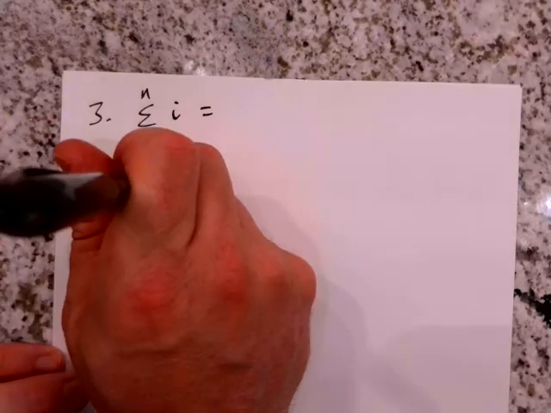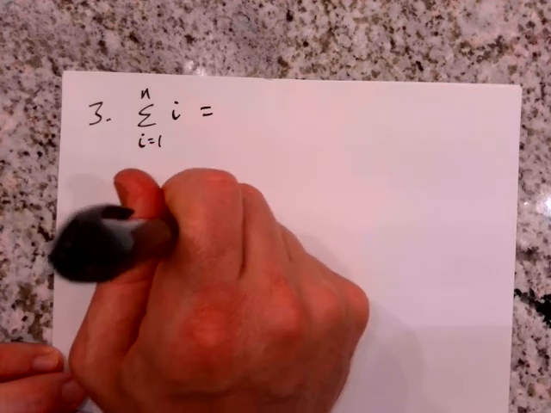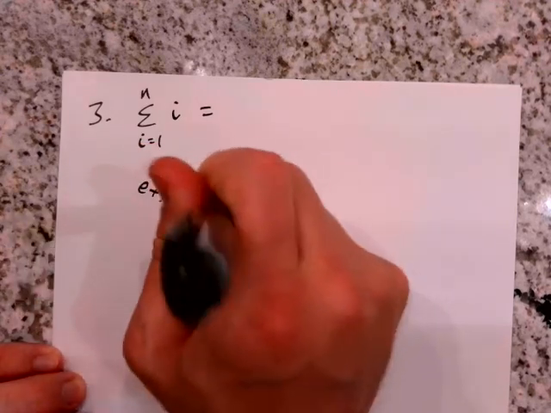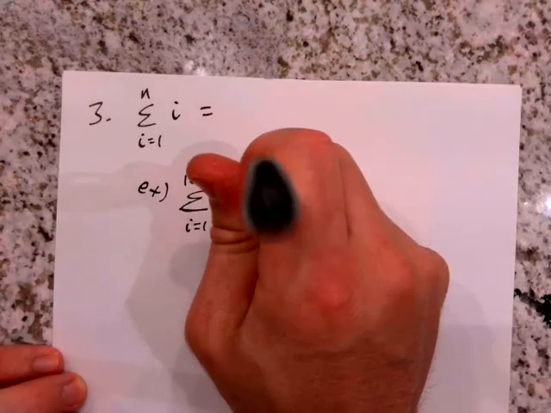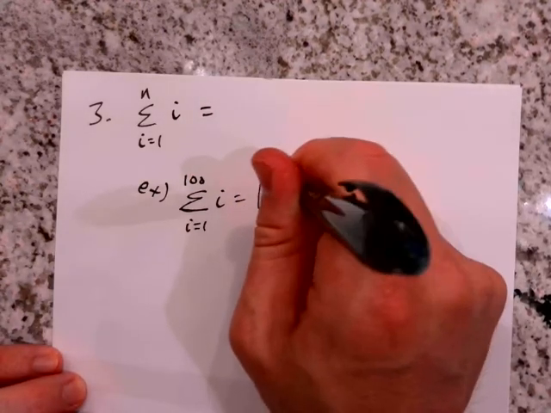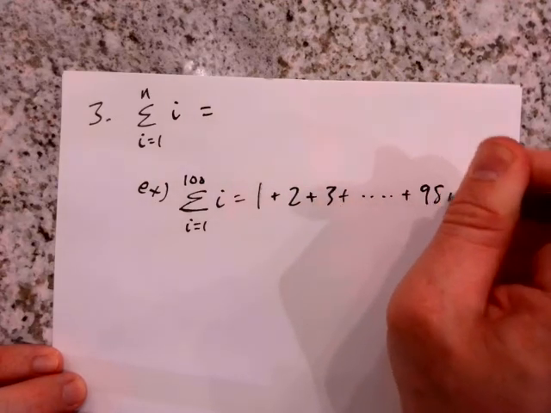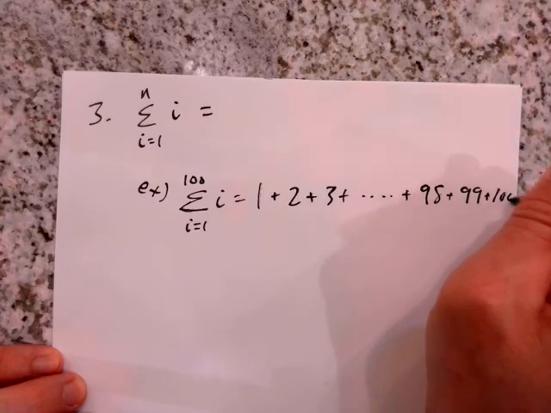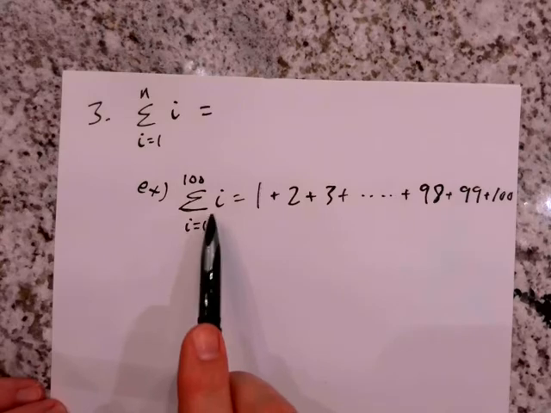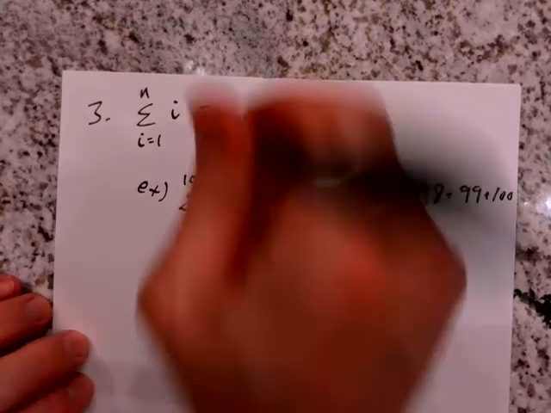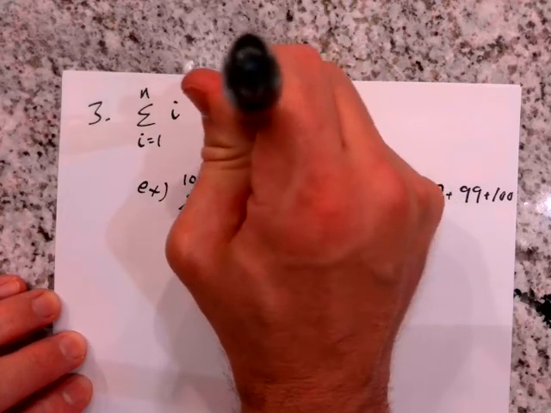For example, before I give the formula, if you have the sum from 1 to 100 of I, you just plug first 1 into the expression, so it's just 1, plus, then you add 2, then 3, and you keep going up until you get to 100. Right? This is the sum from 1 to 100 where you just add up the index. This sum ends up being n times n plus 1 over 2.